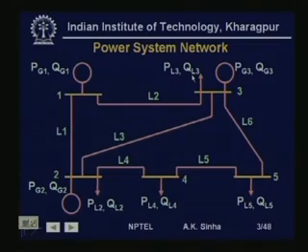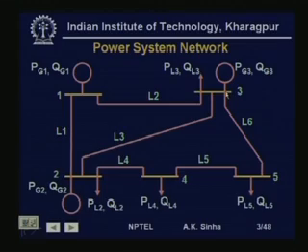So, this is basically what we do in power flow analysis: find out the voltage magnitudes at various nodes, which in power system terminology we call bus bars. So, find out the voltage magnitude and angle at all the bus bars in the power system, and the flow of real and reactive power on various transmission lines, given the generation and loads at various bus bars.